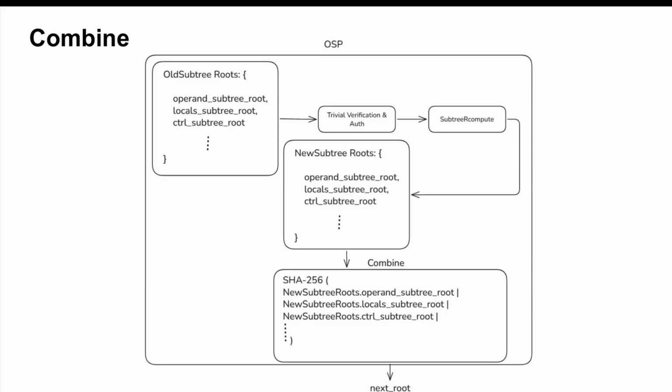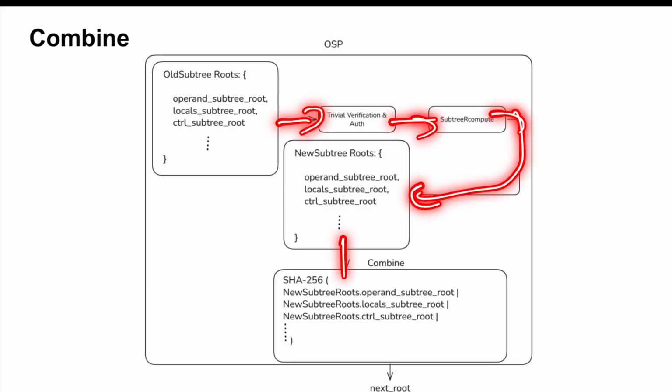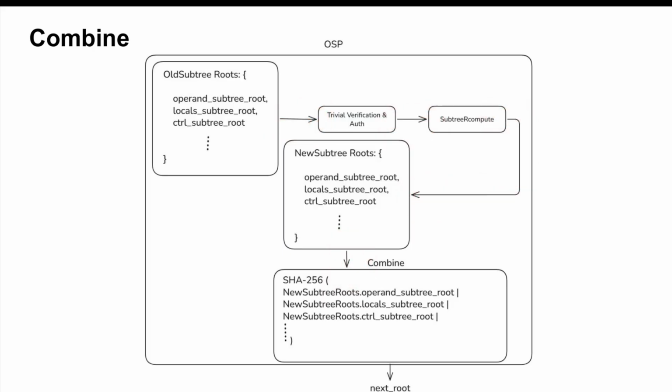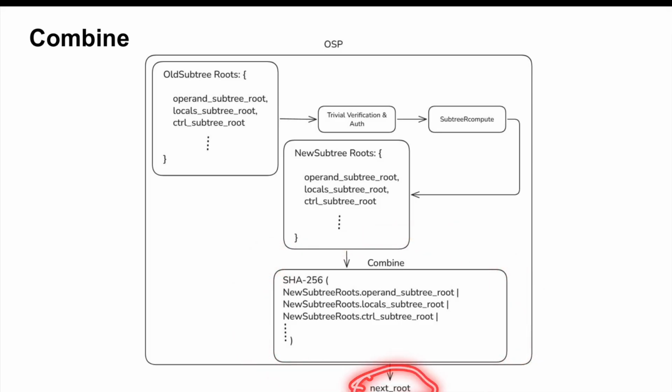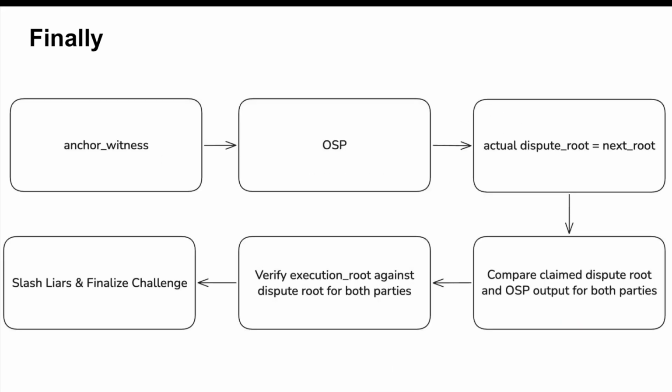And in the end, we combine all the new roots that we computed from these partial subtrees in order to obtain the next root, which is the actual dispute root that we were talking about. So finally, it looks like this.